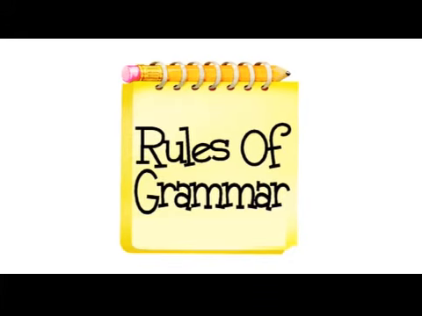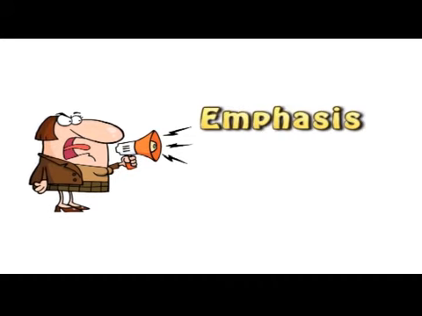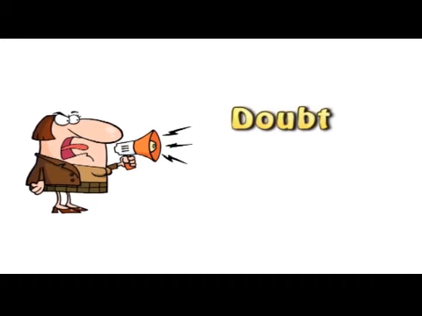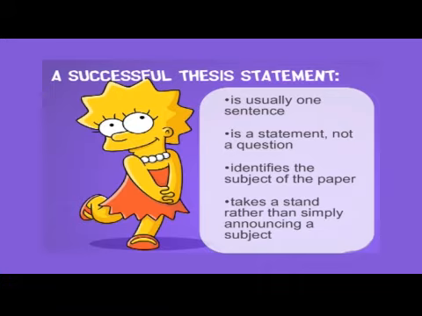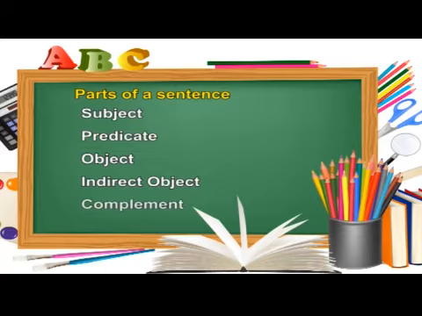According to the rules of grammar, sentence structure can sometimes be quite complicated. Each part of the sentence has something to offer to the sentence. It could be an action, a meaning, an emphasis, or doubt. The way the sentence is structured is crucial in any form of statement. The different parts of the sentence are subject, predicate, object, indirect object, and complement.